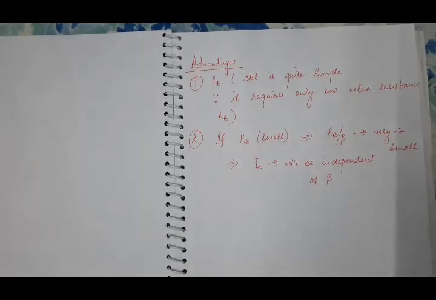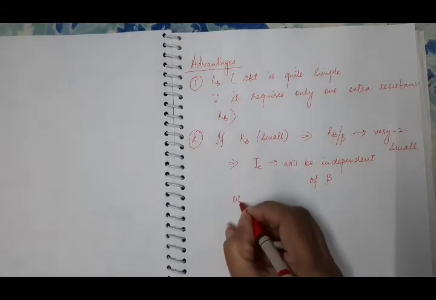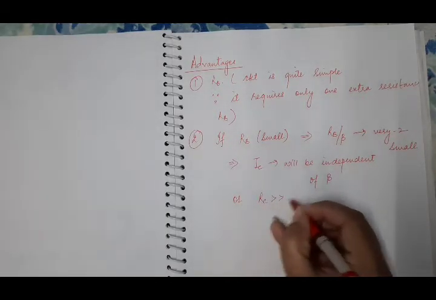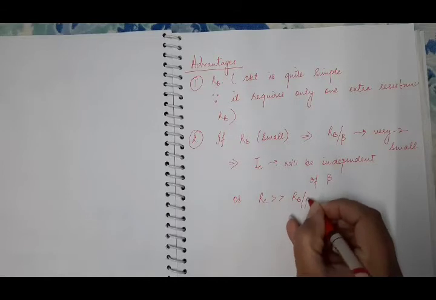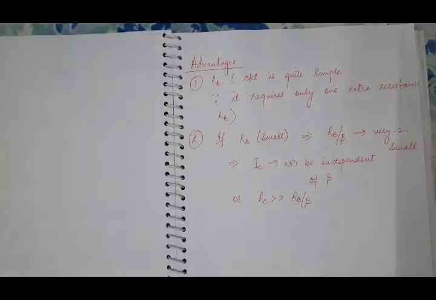It means this circuit provides stabilization against beta variations, but only in case RB is made smaller or RC is made much larger than this RB by beta. Only in this case does this circuit provide stabilization against beta variation.